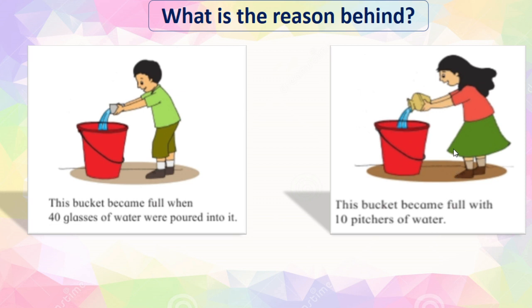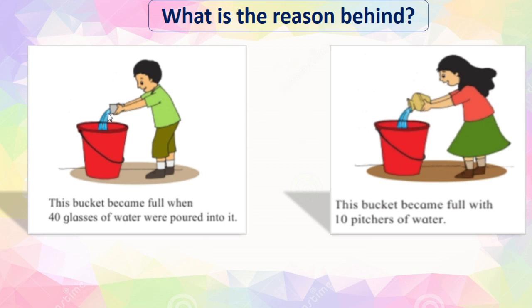Here we see this girl is using the same bucket, but she is using the pitcher. And she says, this bucket became full with 10 pitchers of water. Yes, why so? What is the reason behind this? Can you tell me?